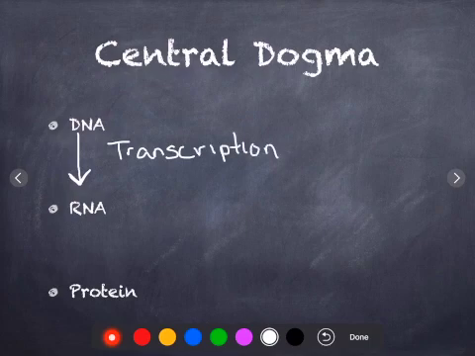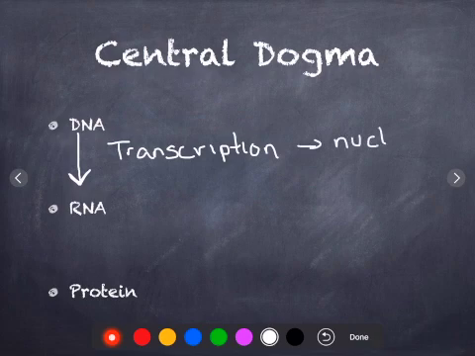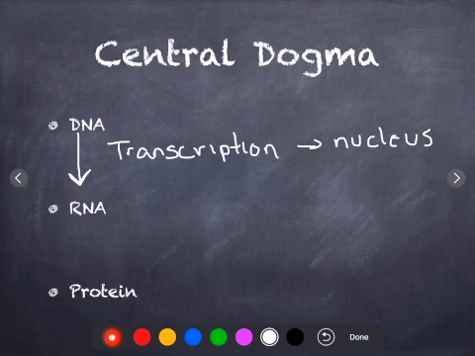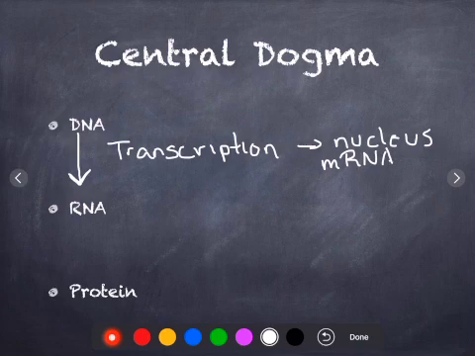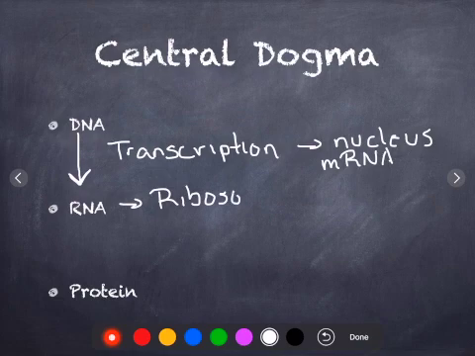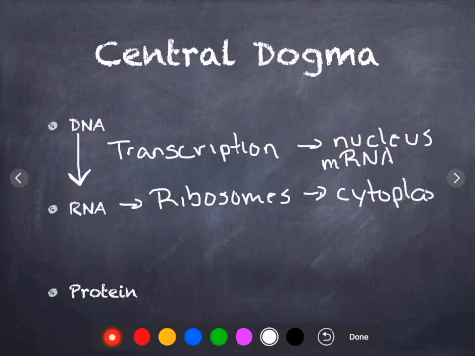Transcription occurs in the nucleus, and it makes a molecule of mRNA, which is our messenger RNA, because mRNA is able to leave the nucleus, DNA is not. So this RNA molecule then goes to the ribosomes, which are located in the cytoplasm. And this is the site of protein synthesis.